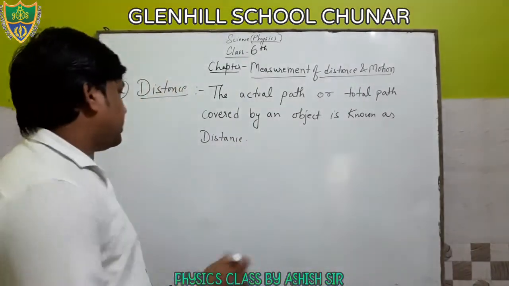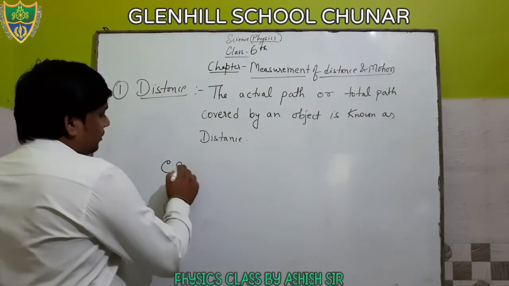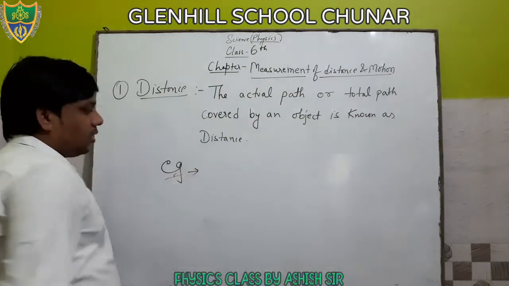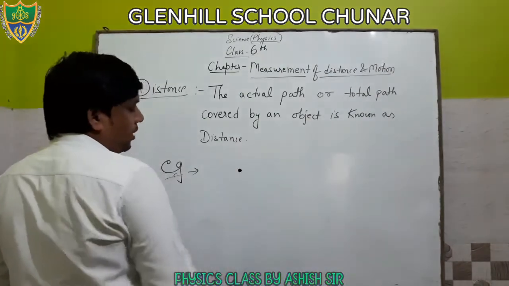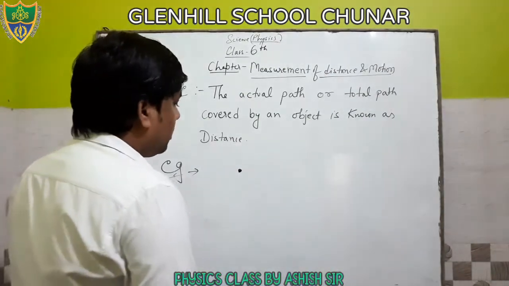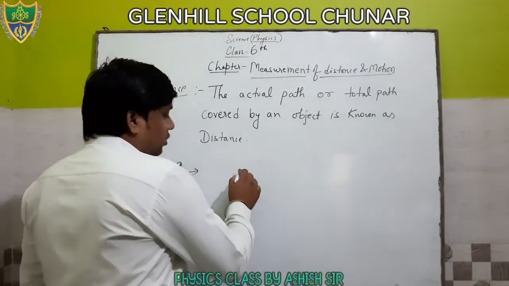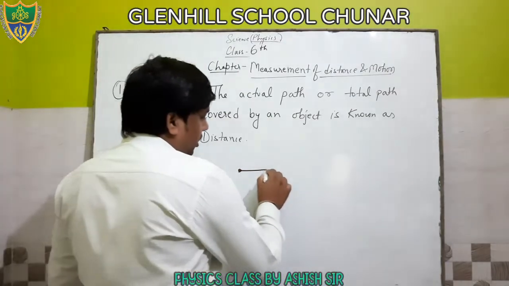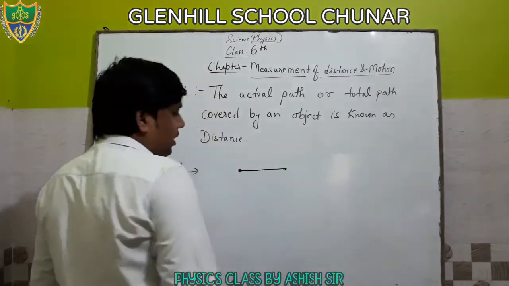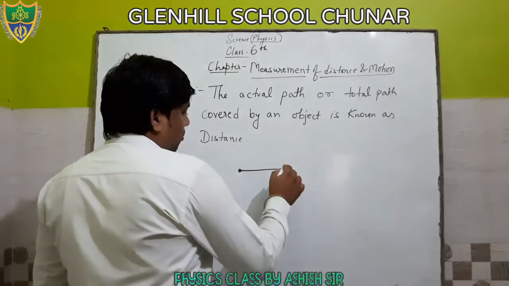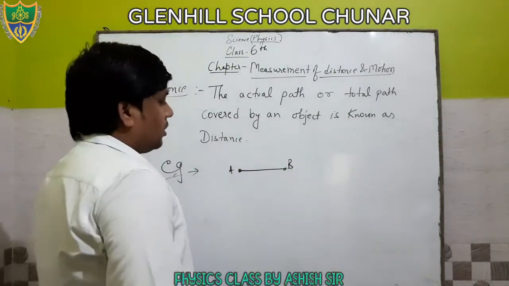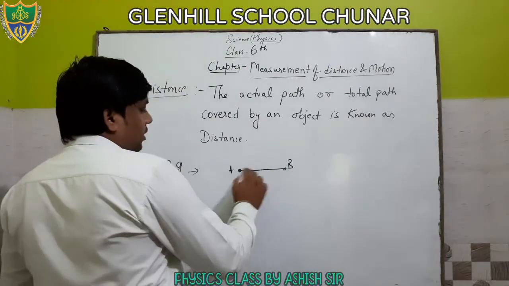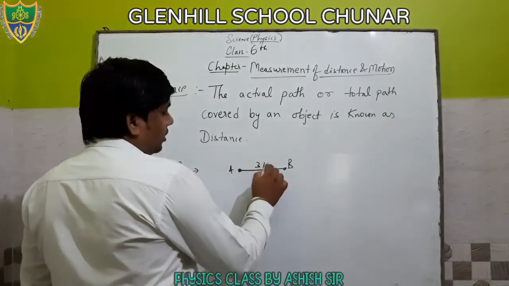Let's see by the help of an example. Suppose this is a point A where an object or a person starts to move. Suppose the person moves in this direction and reaches a point B, and the distance between A and B is 3 kilometers.